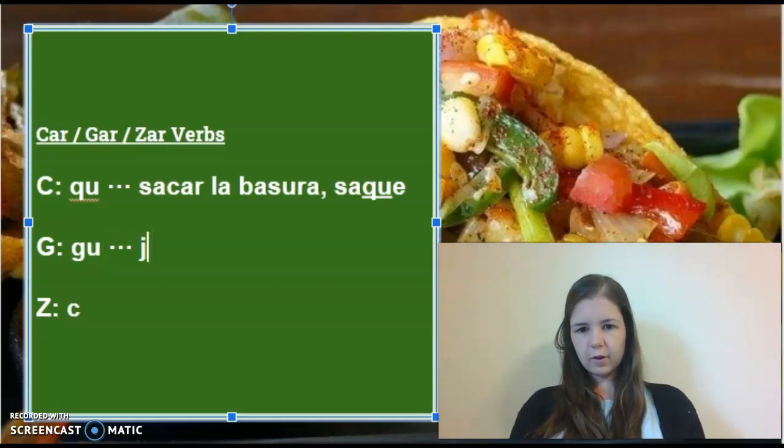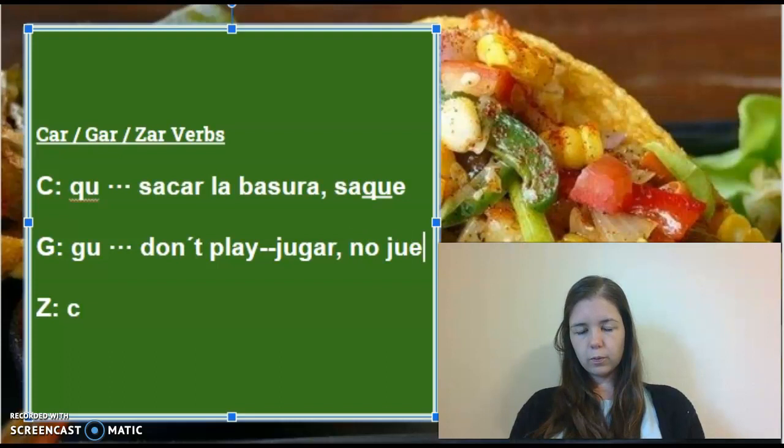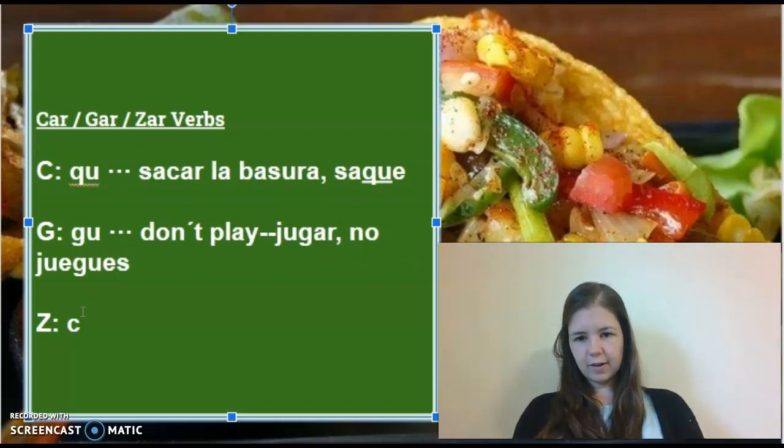So if I am telling people don't play, jugar is to play, if I'm talking to a bunch of children in the ustedes form, I'd have no jueguen. This was a U to UE verb, that's where that E came from. And then I had to change my G to GU because I'm adding an E here in the ustedes.